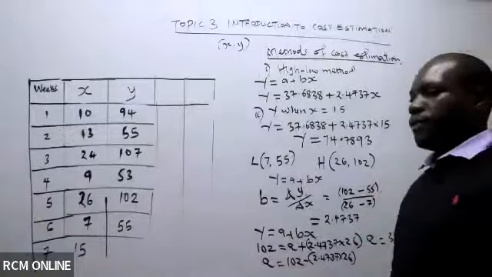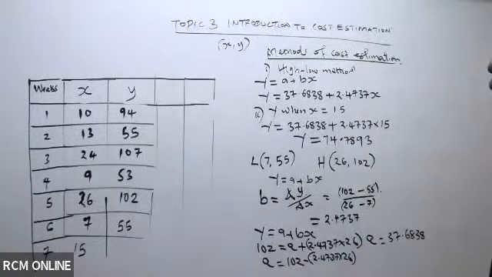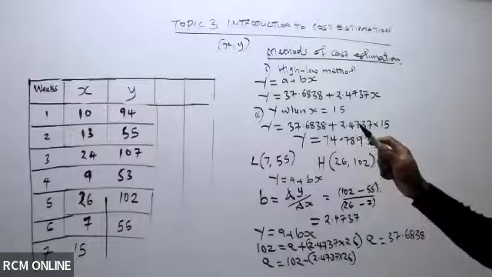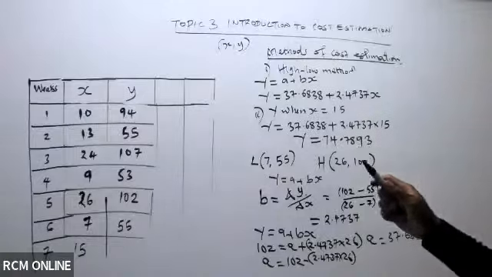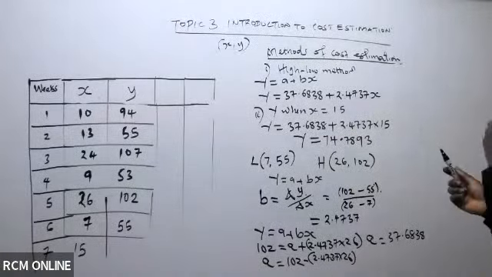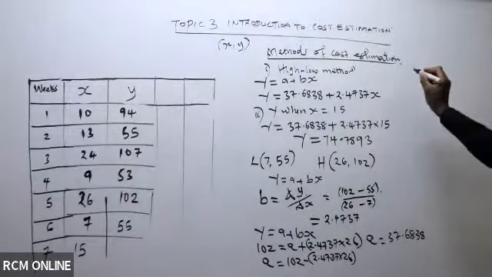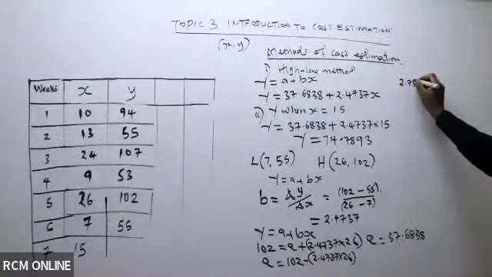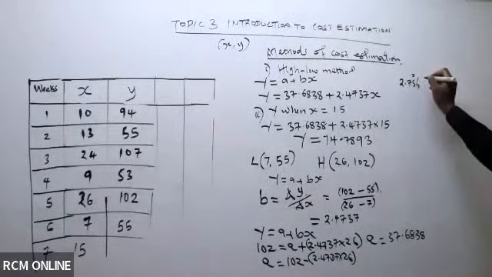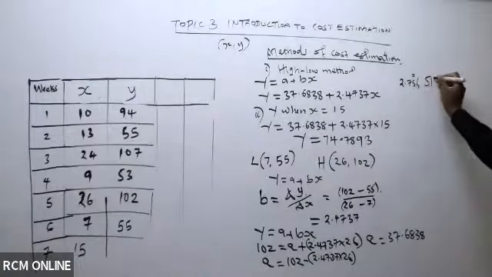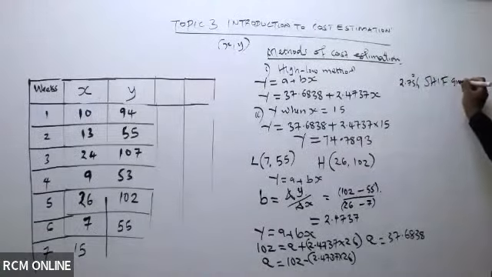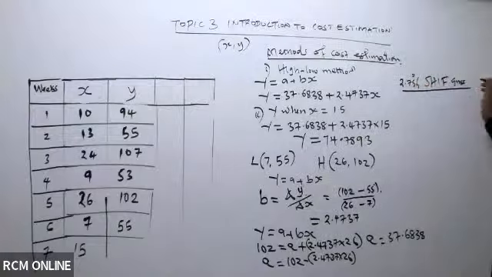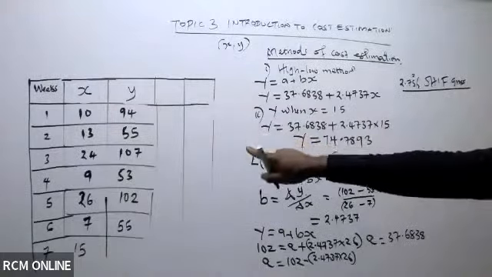So I want you to pick it from this point. Yes, only 2 points are used. Very important. Thank you. So now look at it from this point. Before the implementation of the 2.75% SHIF, of your gross, let's say this implementation happened before this production was done.